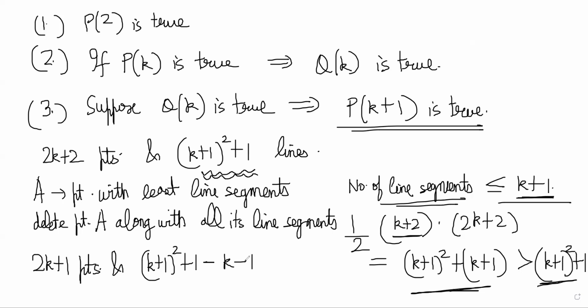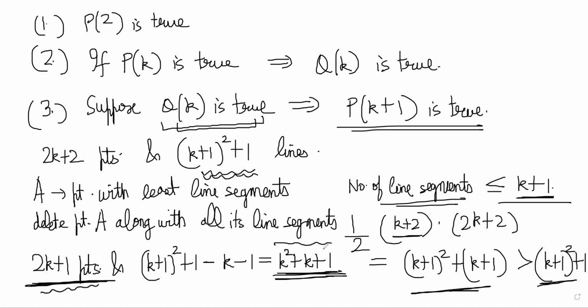So this becomes equal to k square plus 2k minus k, so plus k plus 1. So you are ending up with 2k plus 1 points and k square plus k plus 1 line segments. And we have already supposed that Q of k is true, right? Q of k is true means 2k plus 1 points and this many line segments have two triangles with a common side, right?